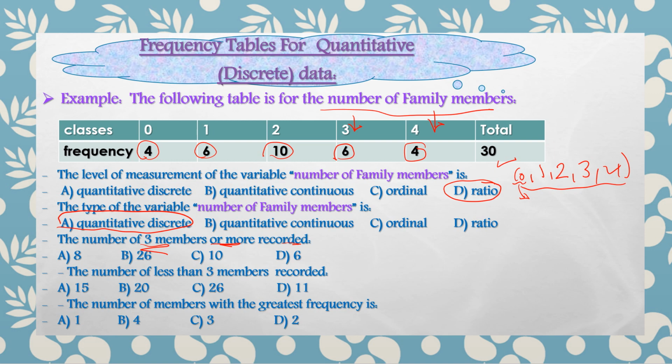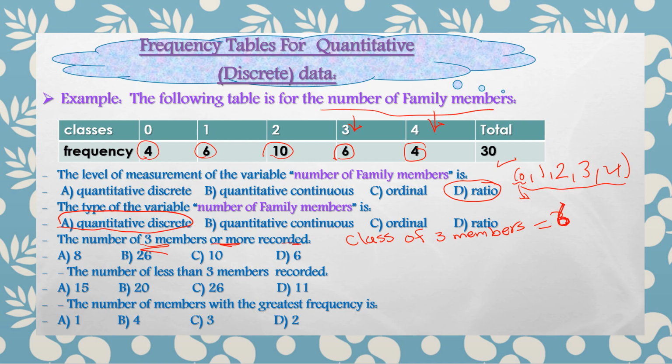The frequency for the class of 3 members equals 6.